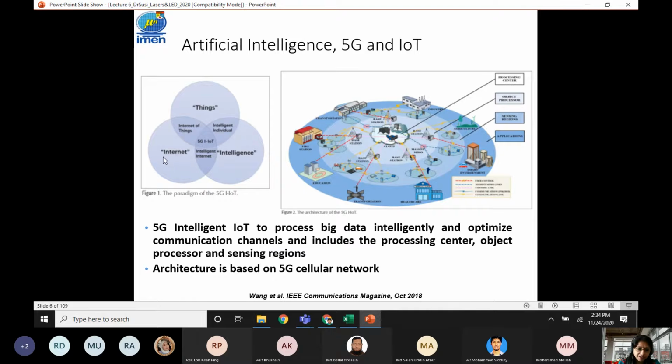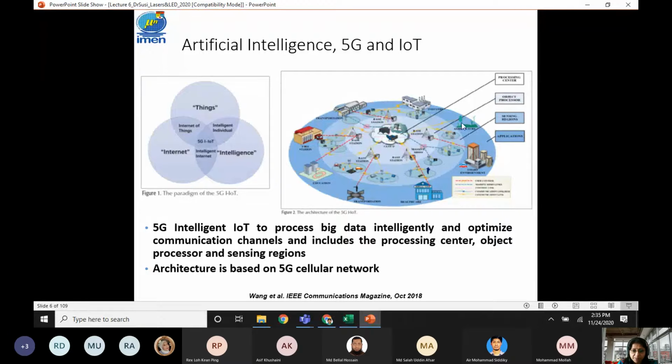Basically you have the internet and you have things, all right? Things means like sensor and so forth. And then you have intelligent. When you overlap all these 3 together, you get this 5G, and currently now it's upgraded to 6G, intelligent IoT. In terms of the architecture, you can see here that in the middle is the processing center, and you have the object processors, or we call it the base stations, and the sensing regions are around here in the 3rd layer.